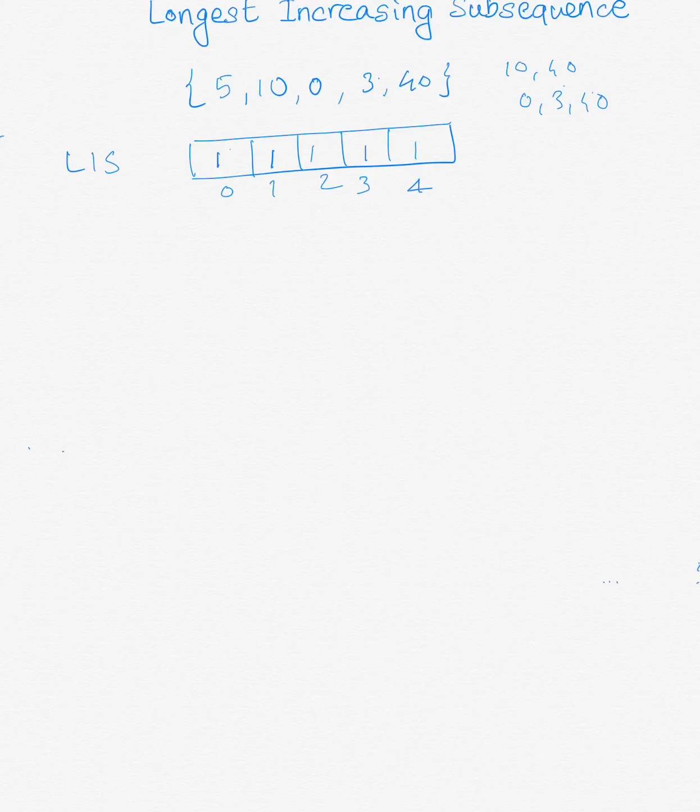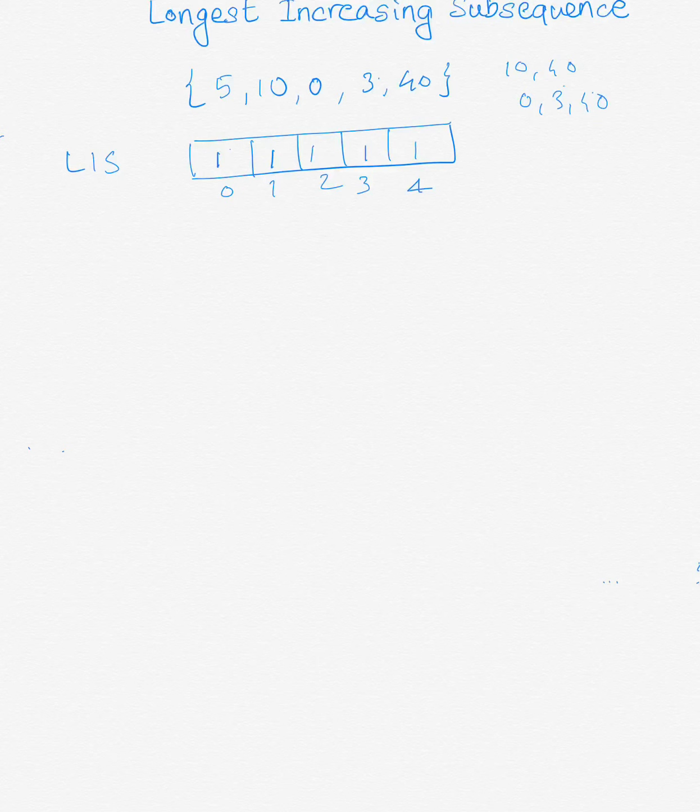Now here is the main concept that you need to understand for the solution to this problem. Also, in this video I am discussing the order n squared solution. Order n squared is not an optimal solution for this problem, but I'll be discussing n log n in a separate video.